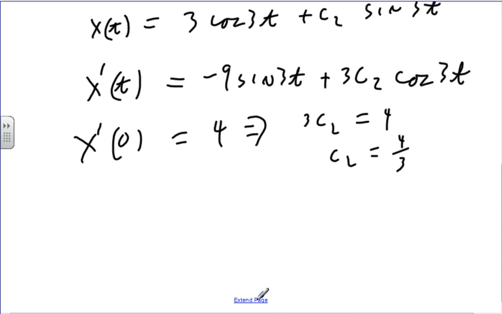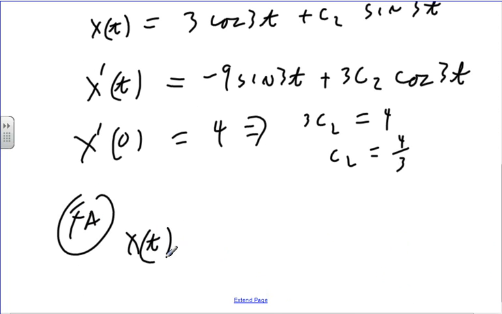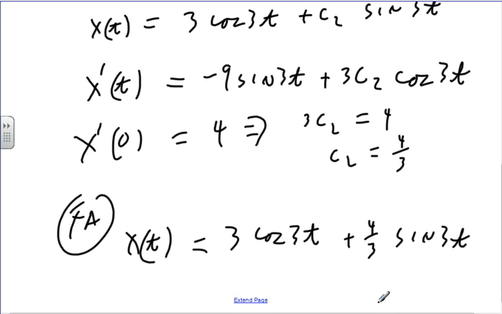And final answer, x of t is equal to 3 cosine 3t plus 4/3 sine 3t. Okay, so I could do that, right? I mean, there'd be nothing wrong with that.